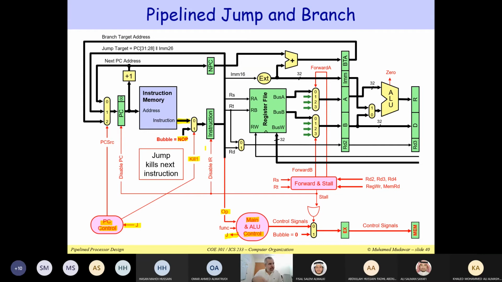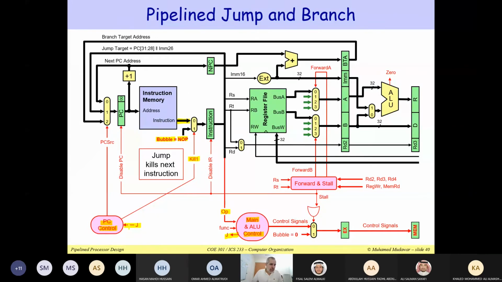And RS, RT, and RD are equal to 0. So basically we are reading and writing register 0. Writing register 0 has no effect. So basically the instruction is going to be allowed to proceed into the pipeline, but it will have no effect. So that's a bubble. Okay, that's my bubble.